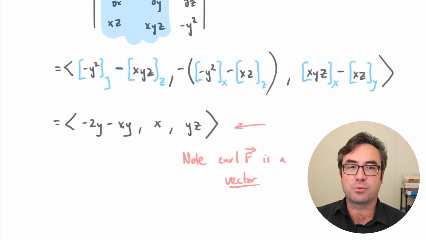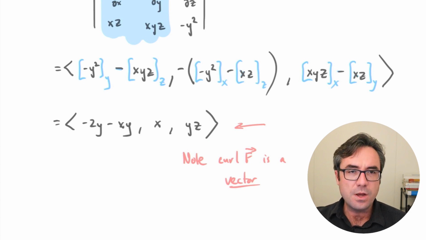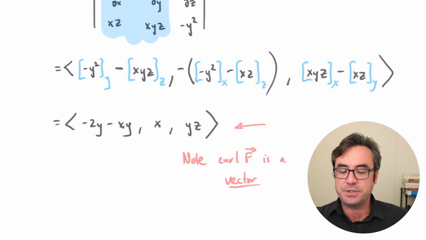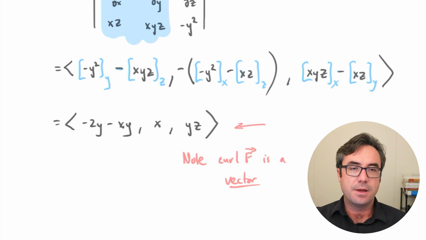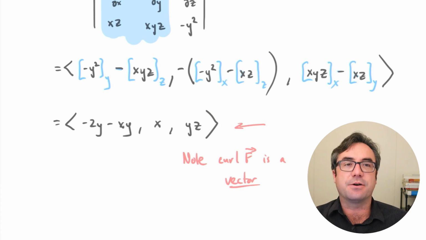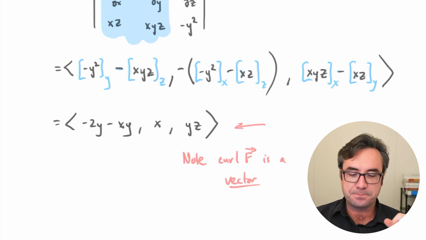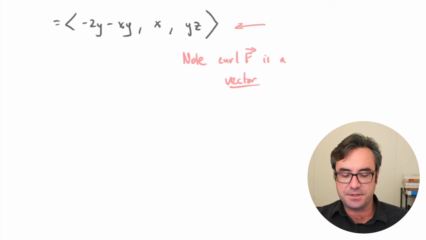So this gives us a brand new vector. All right, and that's it. That's how we calculate curl. Now we're going to see some interpretations of this a little bit later. But for right now, I just want to get into how we actually calculate this.